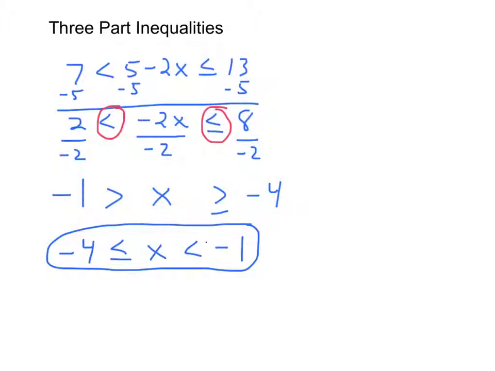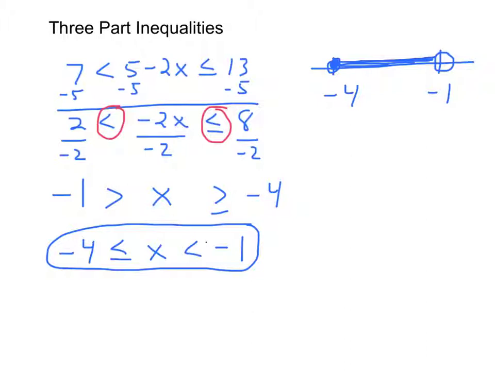And the different ways of writing this answer would be using a graph. You would plot the two endpoints, negative 4 and negative 1. And you want to include negative 4, so you would use a filled in dot there. And you don't want to include negative 1, so you use an open dot on that side and shade everything in between because x is in between those two.